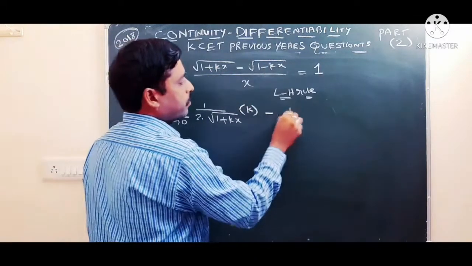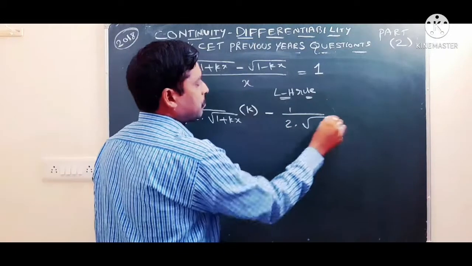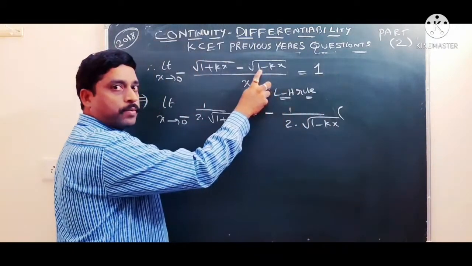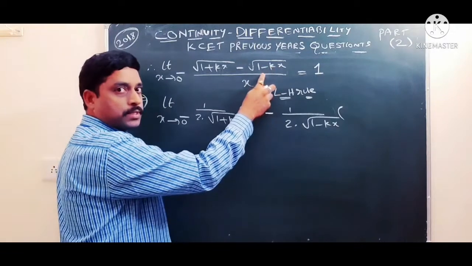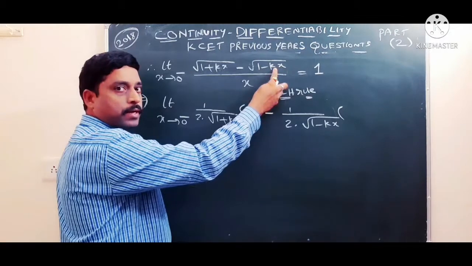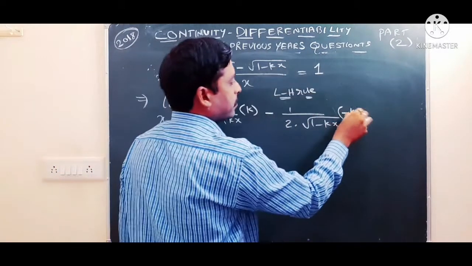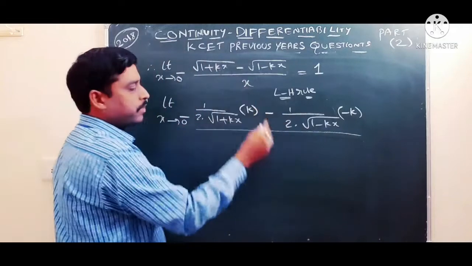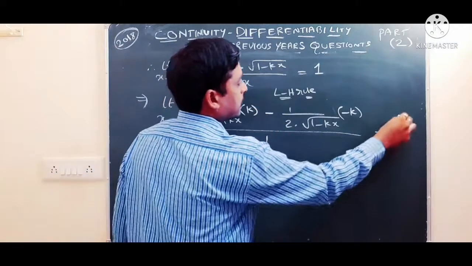Minus derivative of root function, 1 by 2 root function into the derivative of the inside, using chain rule: derivative of 1 is 0, derivative of minus kx is minus k. This whole is divided by the denominator's derivative 1, and is equal to the right side value 1.